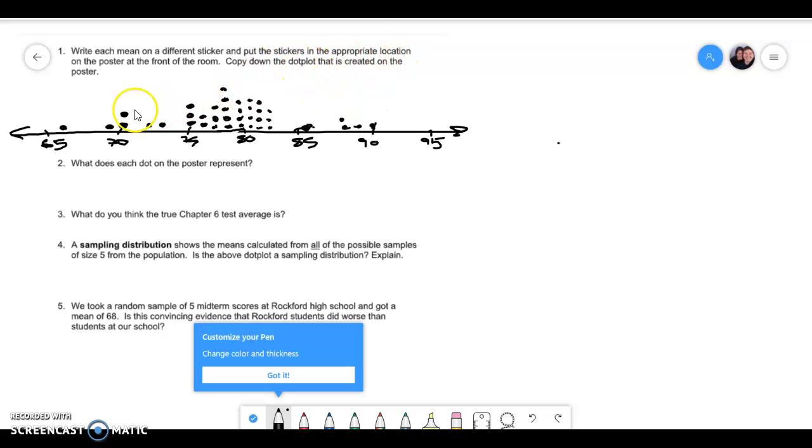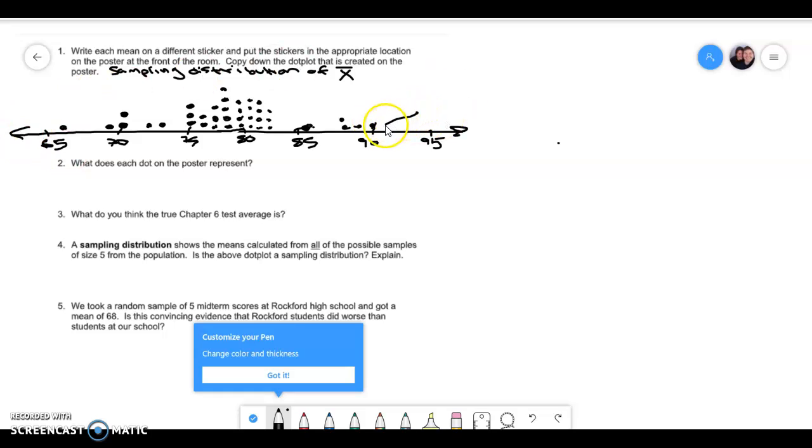Okay, so we are going to title this our sampling distribution of X-bar. So this is the distribution of the sample mean. So these are all different sample means.